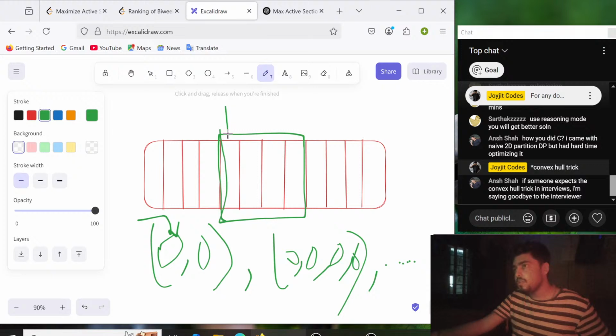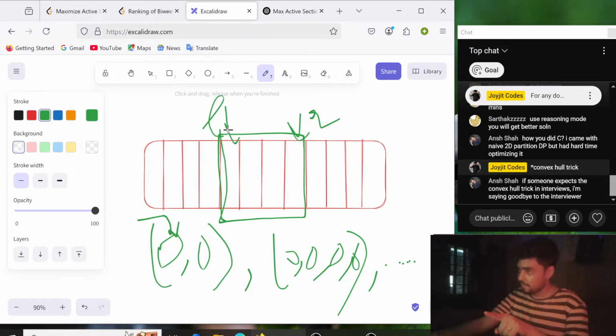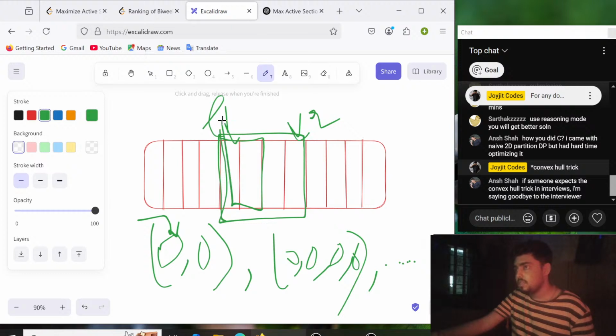Now since I know that L is over here and R is over here, I have to find the first group that L will encounter. That is the first group that ends at L or after L. Let's say this is a group of zeros and there was a group of zeros over here.